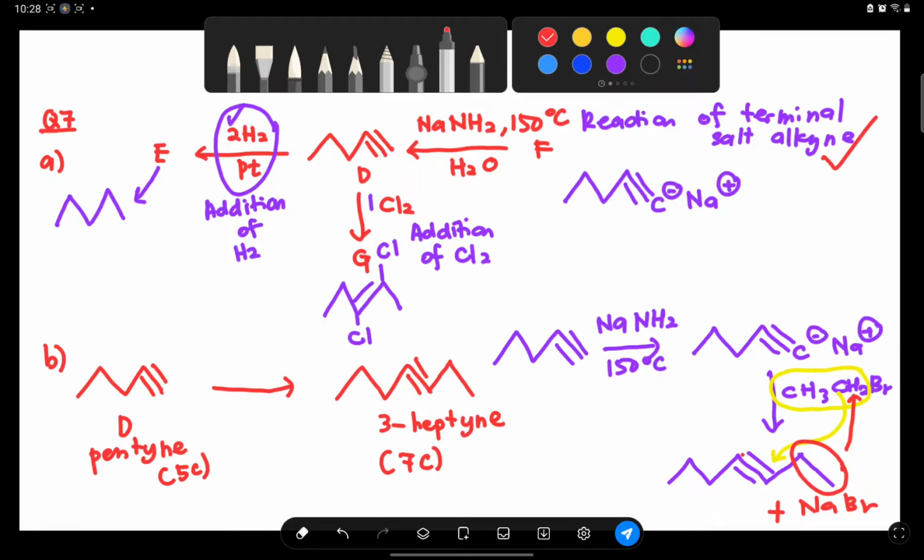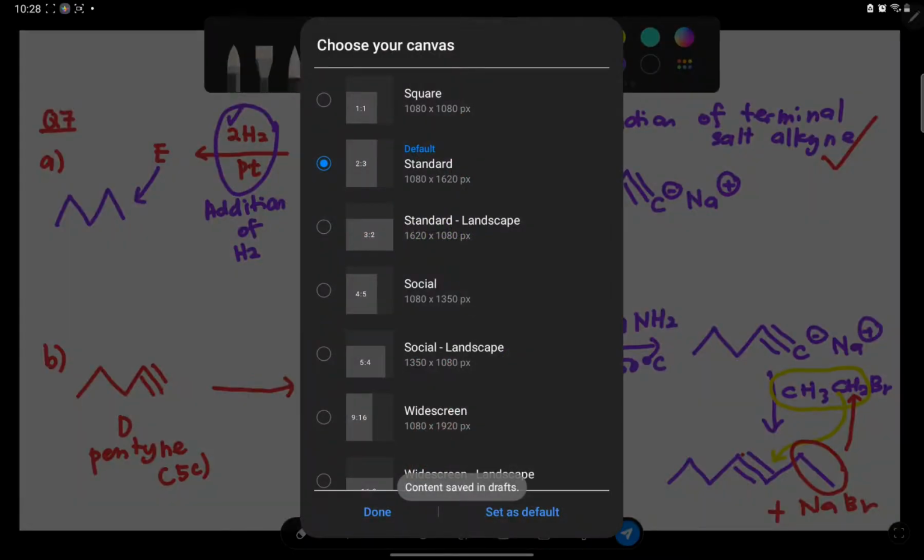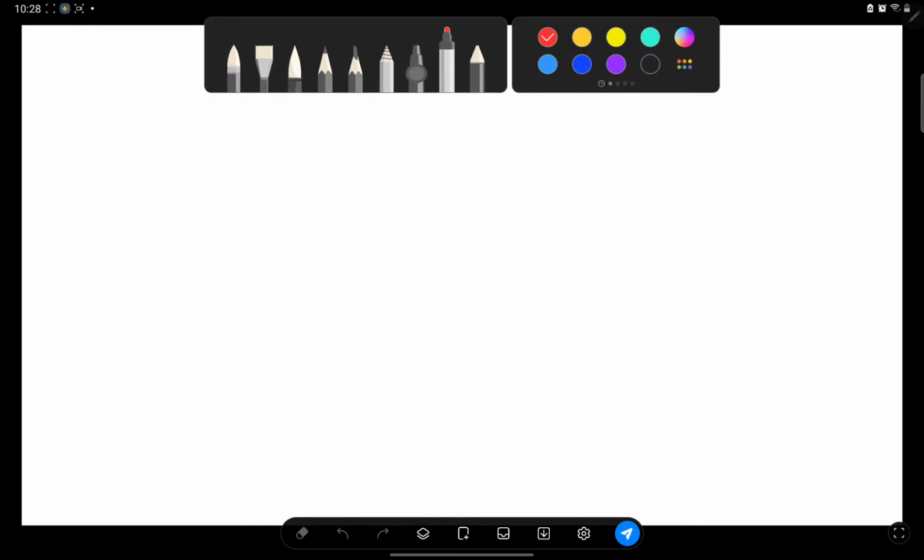Then for question 8, plus H2O in the presence of H2SO4 and HgSO4.